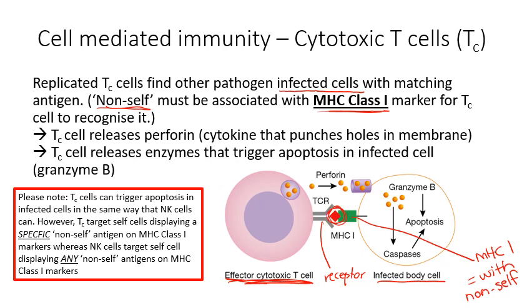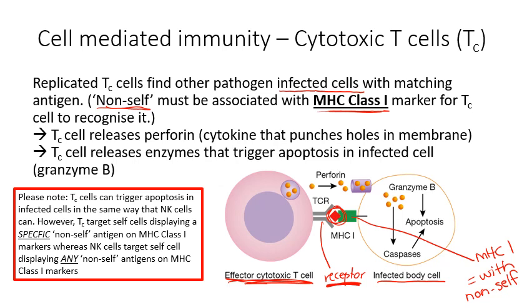Okay, so this particular cytotoxic T cell, its receptor is the perfect complementary shape to the non-self part that is being displayed on the infected cell.